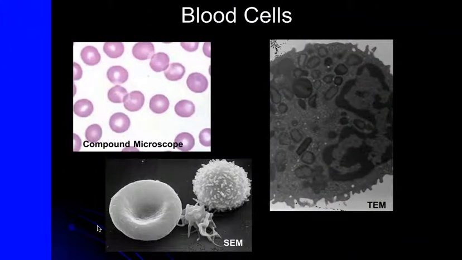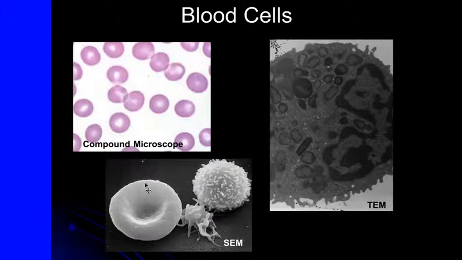So if we compare some images, say we look at blood cells under these three different kinds of microscopes, with the compound light microscope we would see something kind of like this. Each one of these little circles is a blood cell. And then the SEM, the scanning electron microscope, would look something like this.